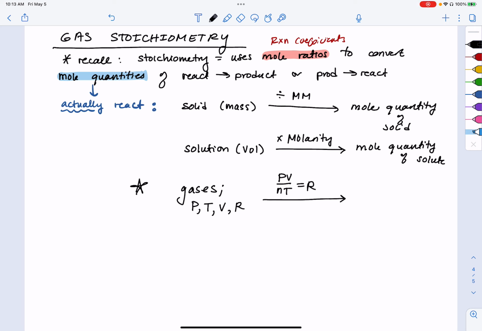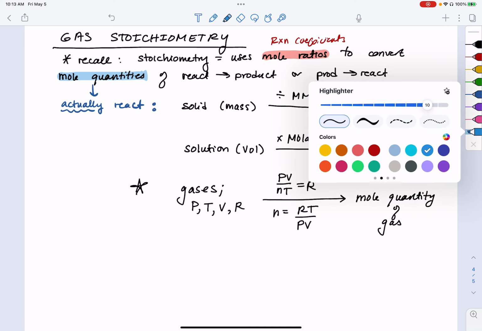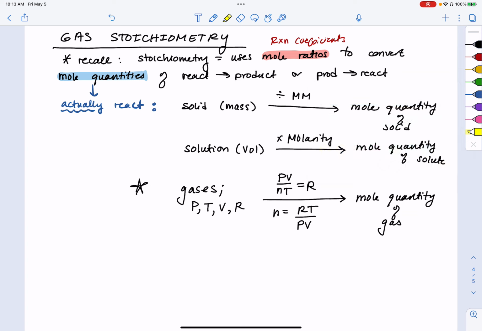In other words, n is equal to PV over RT. So this will give us a mole quantity of a gas. So the main idea is now we have another tool in our toolbox to get mole quantities of gases and relate those mole quantities to one another using mole ratios from a balanced chemical equation.